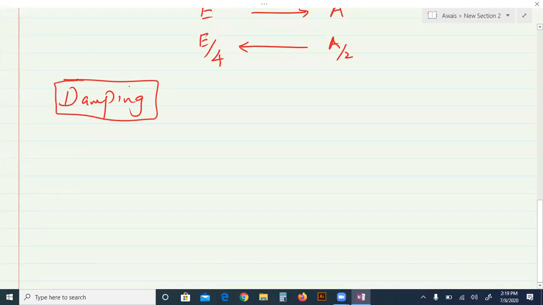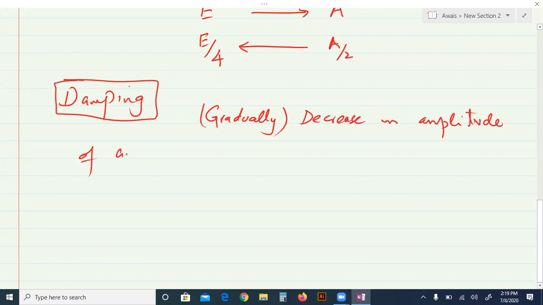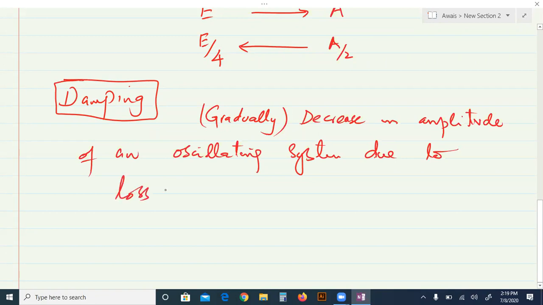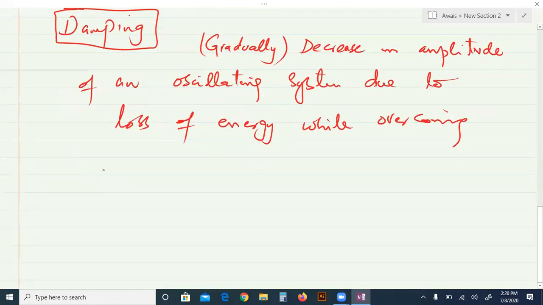So what is damping? Damping is the gradual decrease in amplitude of an oscillating system due to loss of energy while overcoming all resistive forces.